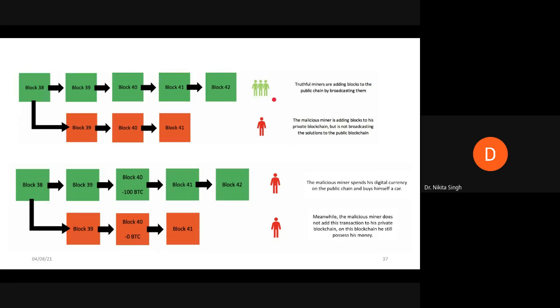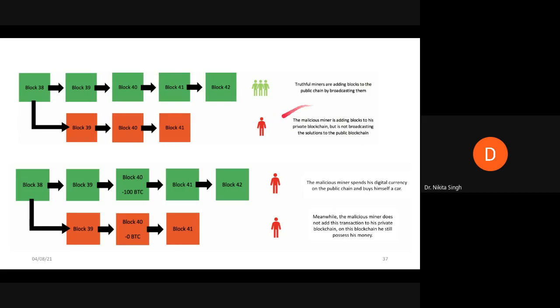Now, here we have this corrupt miner who is busy creating a new blockchain. And we are assuming that this miner has 51% control of the computational power. So this miner has so much computational power that he is able to generate new blocks.